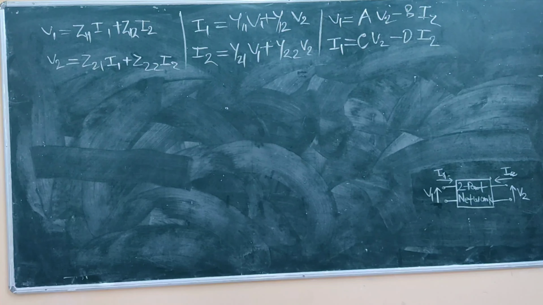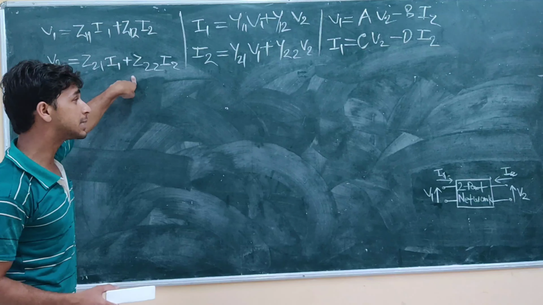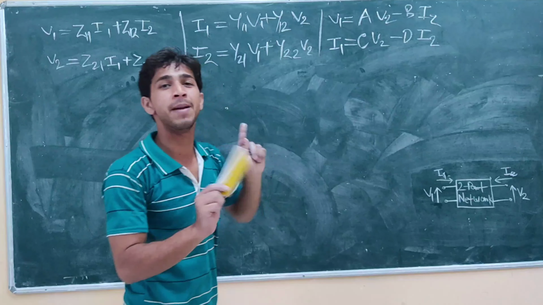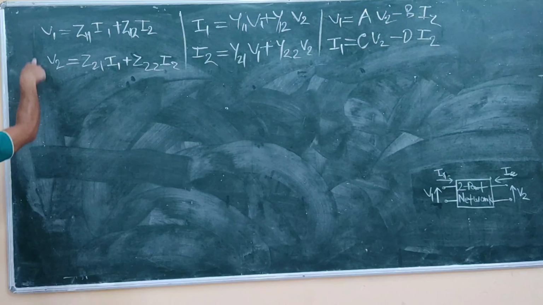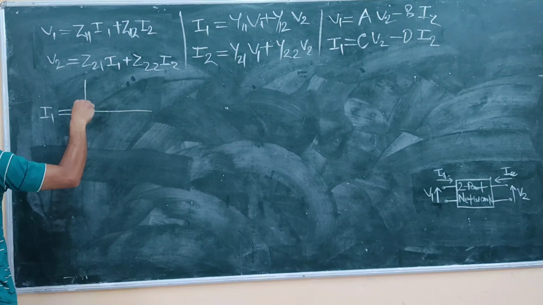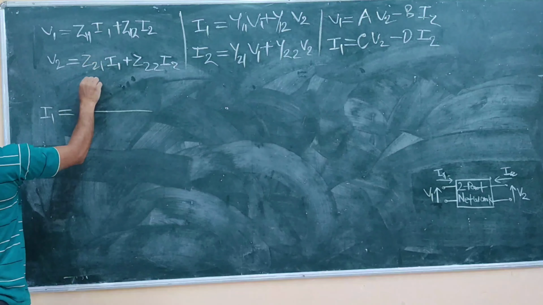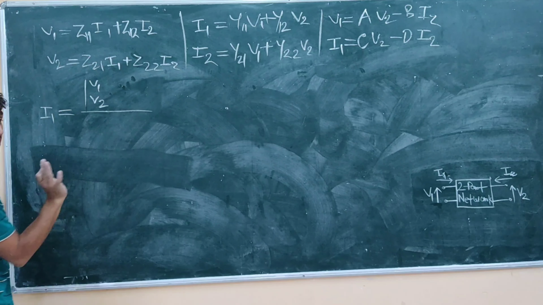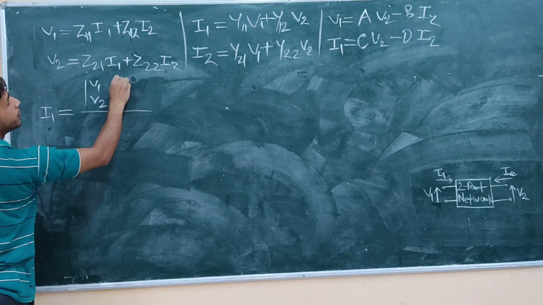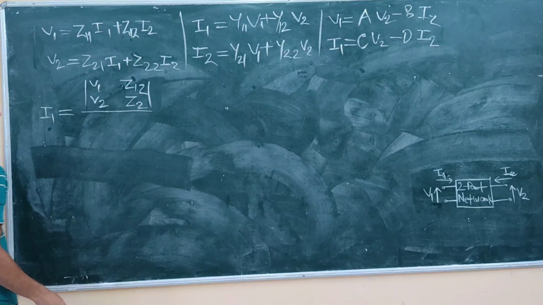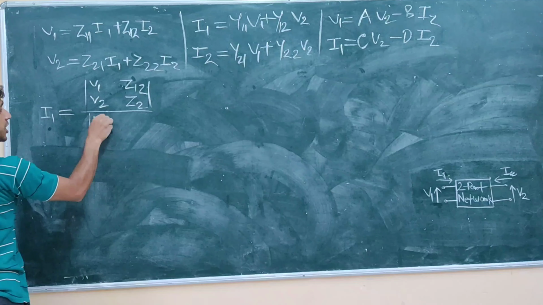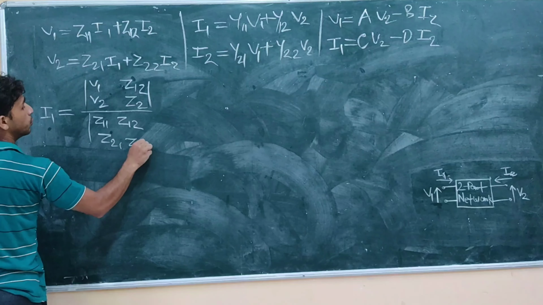Now to establish the relation between the impedance parameter and admittance parameter, and impedance parameter and transmission parameter, we have to do some math. First of all, let's consider these two equations. From these two equations, we can write the equation for current I1 as a determinant. We are considering I1, so cover the I1 column, and we are left with Z12 and Z22. At the bottom we have the complete determinant of Z, that is Z11, Z12, Z21, Z22.